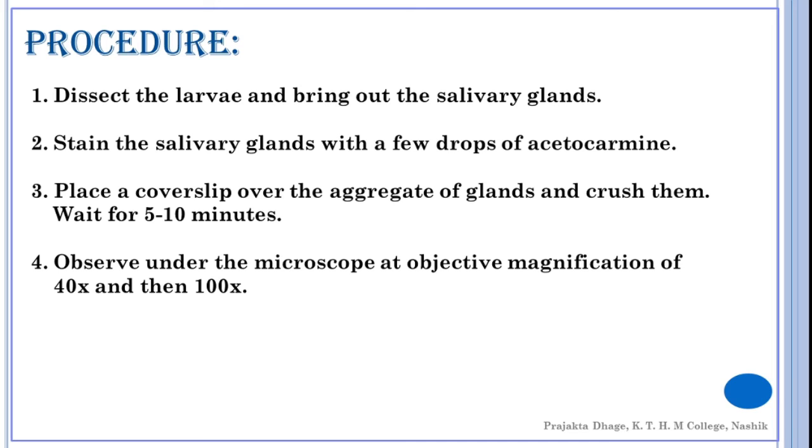It is easier if you keep 2 fingers on either side of the cover slip, but if the crushed region appears too thick, you can flatten it further by tapping the cover slip multiple times with the back of the dissecting needle or cap of the pen. Allow the exposed cells to absorb stain for about 5 to 10 minutes before proceeding to the next step.